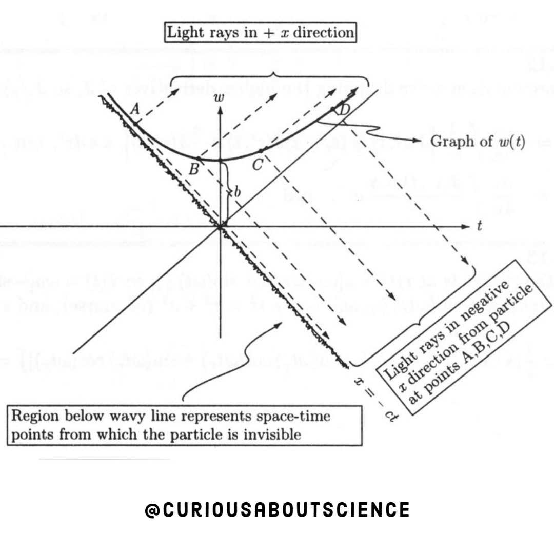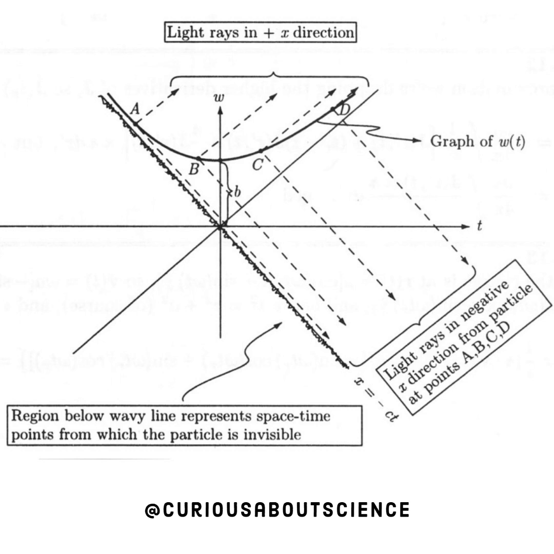So if we have w of t, and then we have the x-axis here, where we see x equals negative ct, the region below the wavy line represents space-time points for which the particle is invisible. Okay, when it's moving, again, it has to happen at the retarded time, and that retarded time has a delay. That delay is the negative ct that we're looking at.